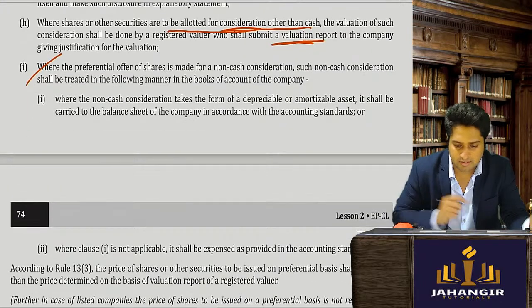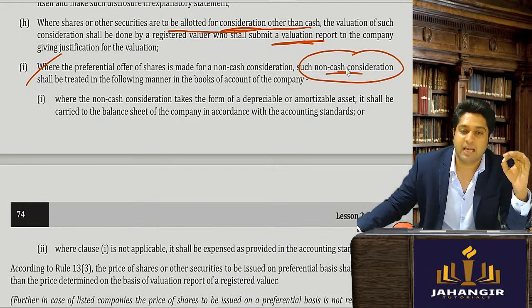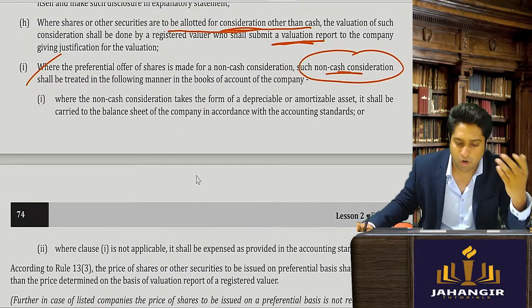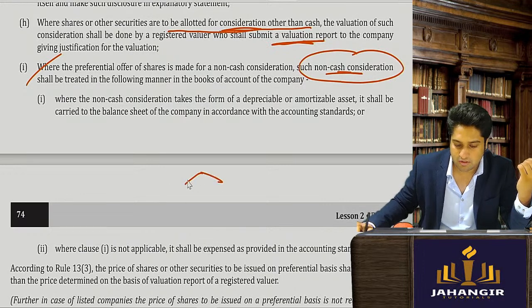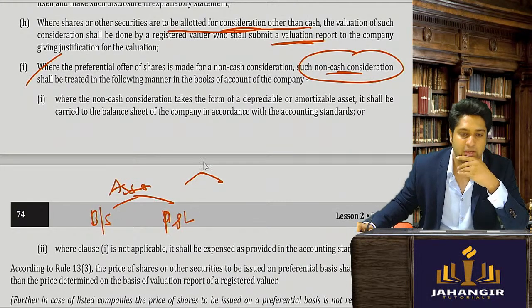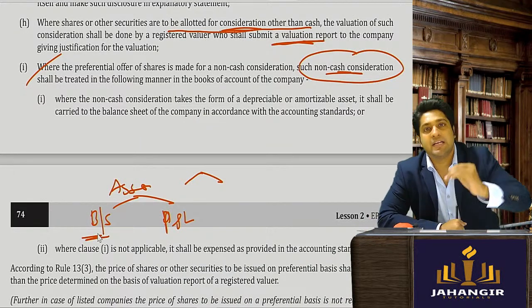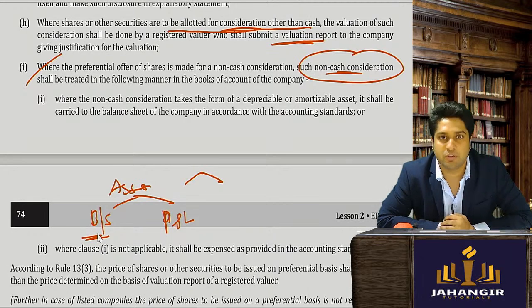And if it is non-cash consideration, then it will be decided what kind of asset he is getting. Is he getting assets which will be put into the balance sheet, or will it be put into the profit and loss account? So for example, the company is issuing shares to an individual.